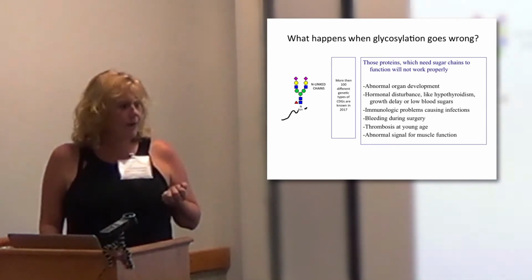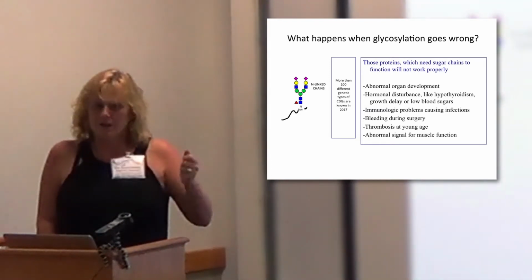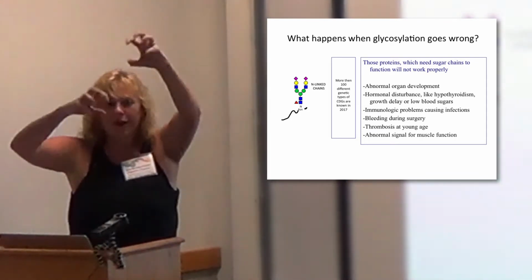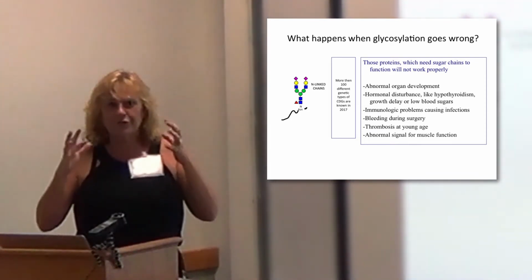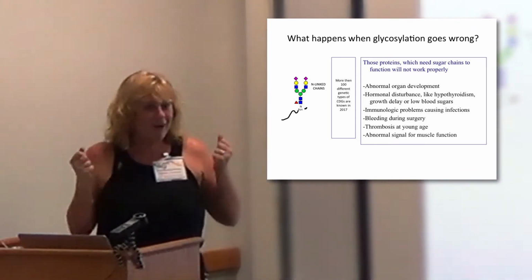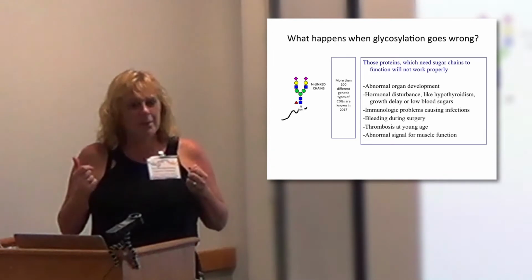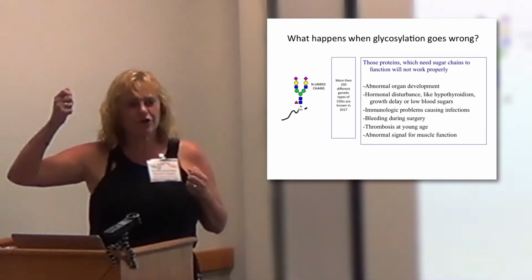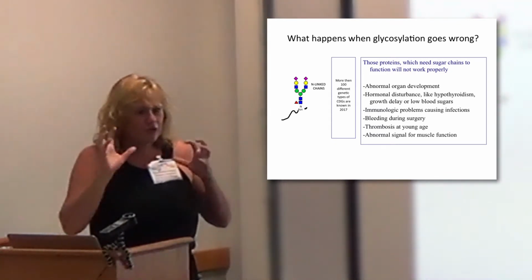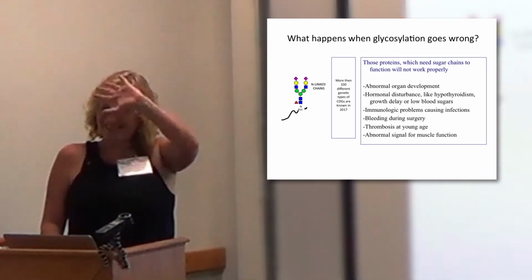There are immunological problems, for several different reasons, because the fighting proteins which get to the bacteria and grab them in order to make the dead bacteria eaten up by our killer cells, our immune system, are also sugar chains. But also the cells have these sugar chains to sort of signal, ooh, bacteria are attacking, we should go there and grab them. So immune problems are also common in CDG.